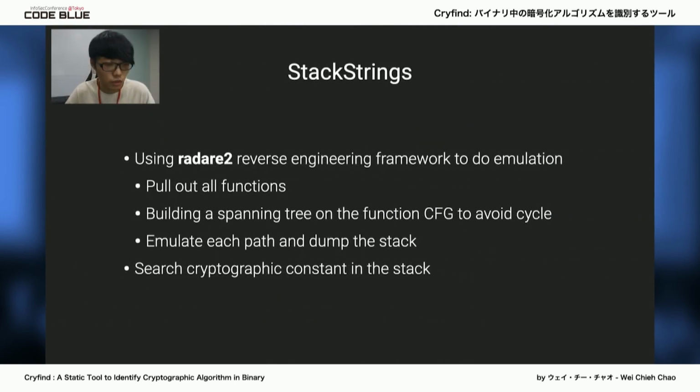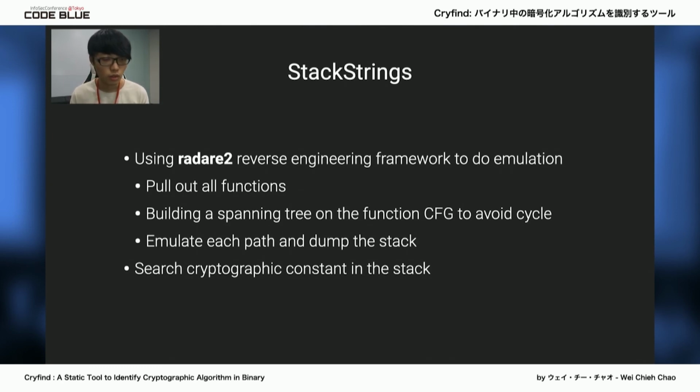And besides searching in a binary, we also do emulation using the Qiling framework. First, we pull out all the functions, and then we build a spanning tree on the function control flow graph to avoid cycles. And then we emulate each path and dump the stack.